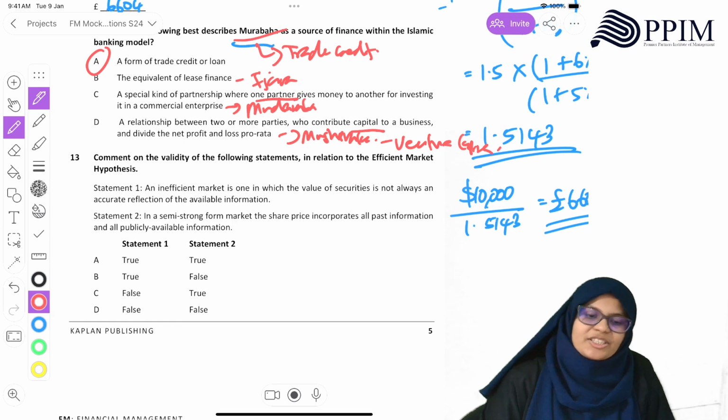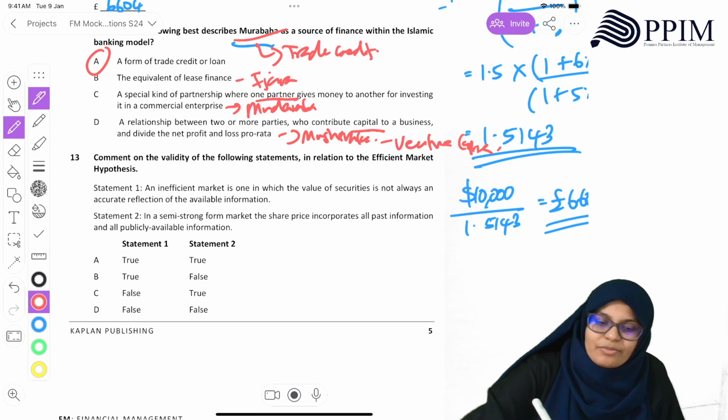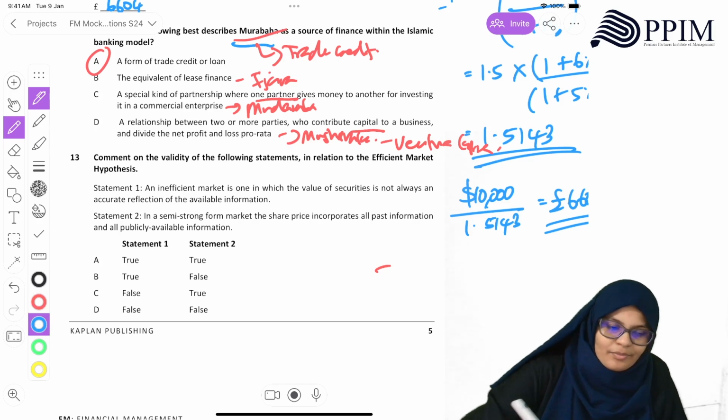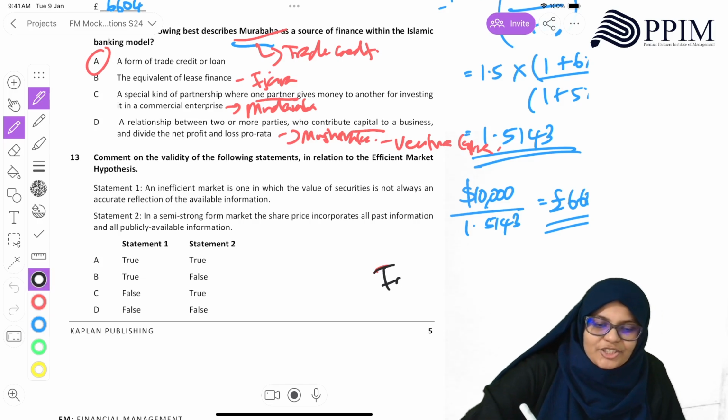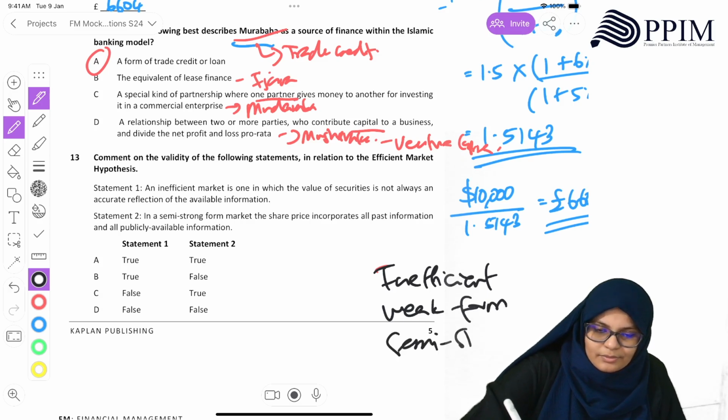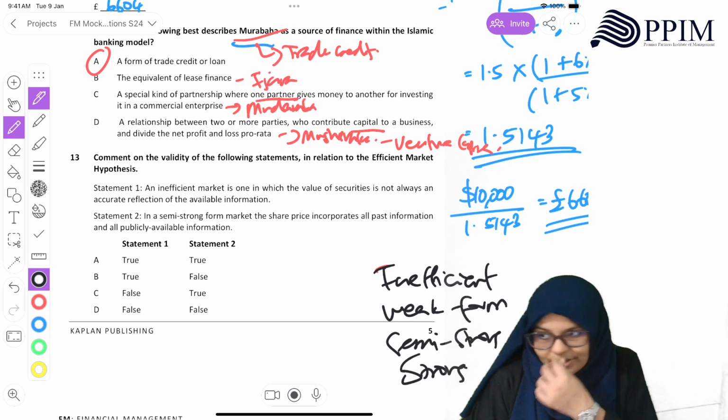When it comes to the efficient market hypothesis, there are different kinds of markets. We have the inefficient market, then we have a weak form efficient market, semi-strong and strong. We went through this, I think, at the very beginning of our syllabus, right?